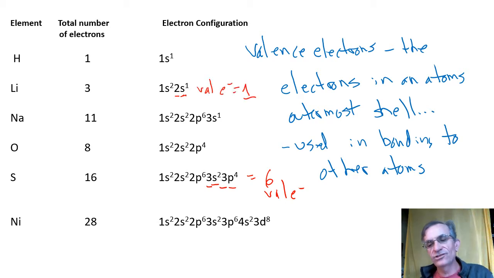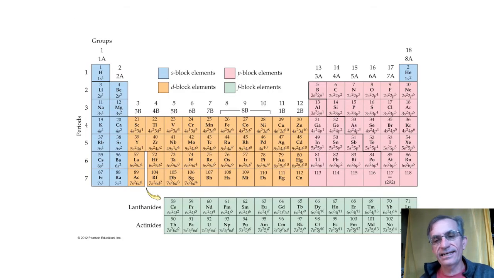Now, I also mentioned last time that the easiest way to figure out valence electrons, because we're going to be talking about them this whole unit, is actually not to write out the electron configuration. It's just to glance at your periodic table. The column number tells you how many valence electrons an atom has.